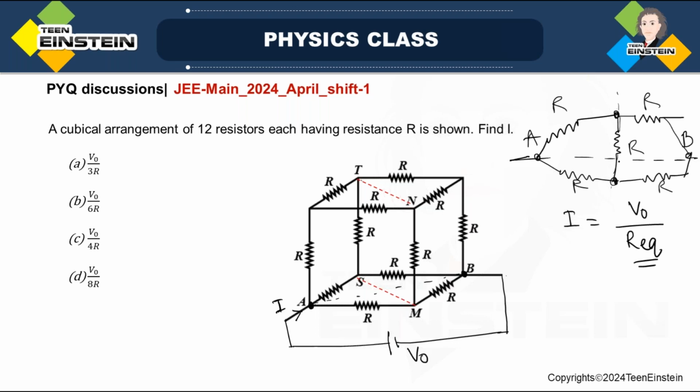So in this case, look what happens according to the symmetry analysis. If this is current I, and it is divided into 2 parts, I1 and I2. After this mirror symmetry, this R and this R will have the same current I2, and this resistor and this resistor will have the same current I1. So here you have to think in terms of current.